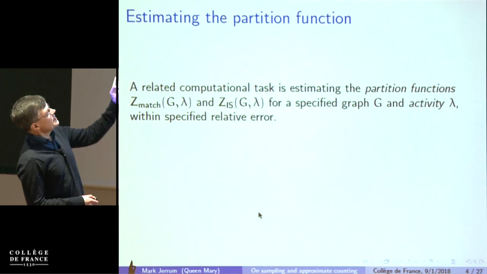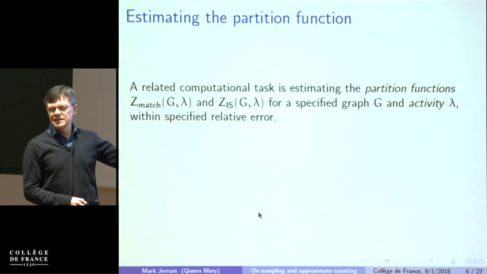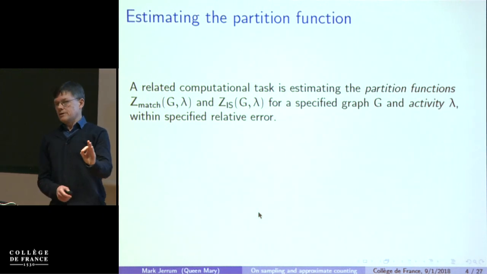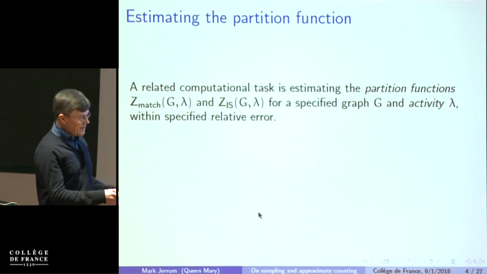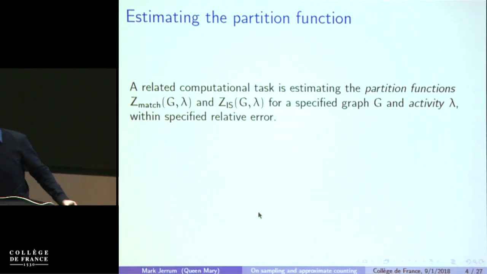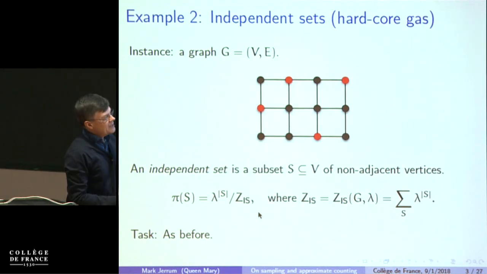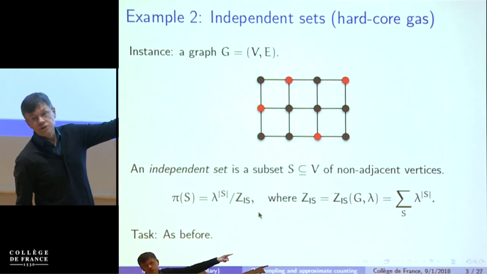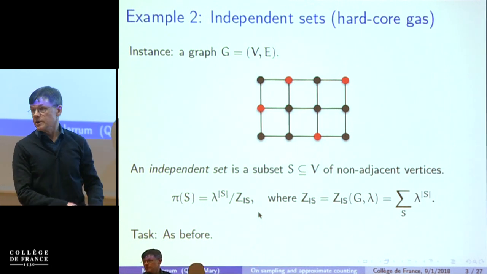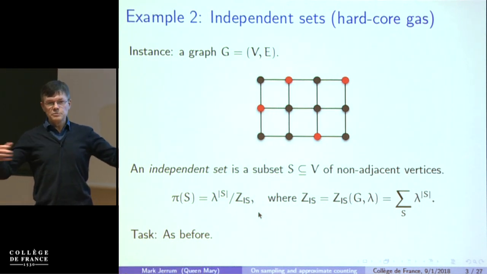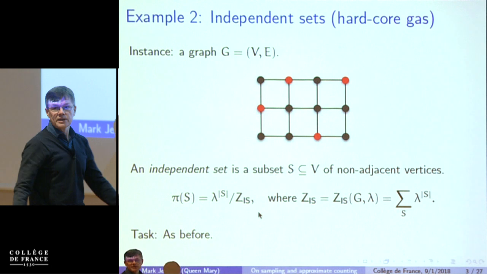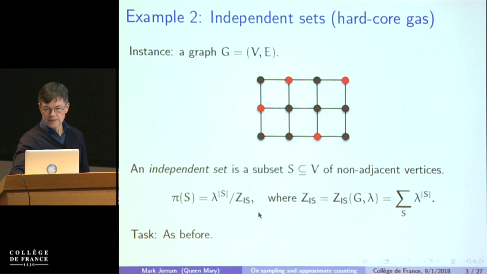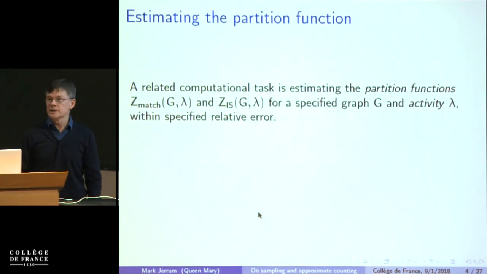So if you want to know what this partition function is exactly, this is almost always a computationally hard task. And you can see that at least it might be a computationally hard task because we're trying to evaluate a sum, but the sum ranges over an exponential number of objects, exponential in the size of the graph. So brute force would be just to evaluate that sum, but that's going to take us exponential time in the size of the instance. So you can see that that's a real computational problem.